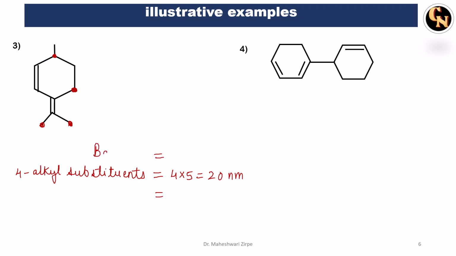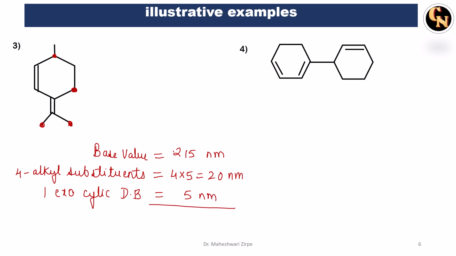This is the base value. Base value for dienes, as we have seen, is 215 nanometers. And one more thing, there is an exocyclic double bond. So it is 5 nanometers. So just calculate it. It comes out to be again how much? 240.